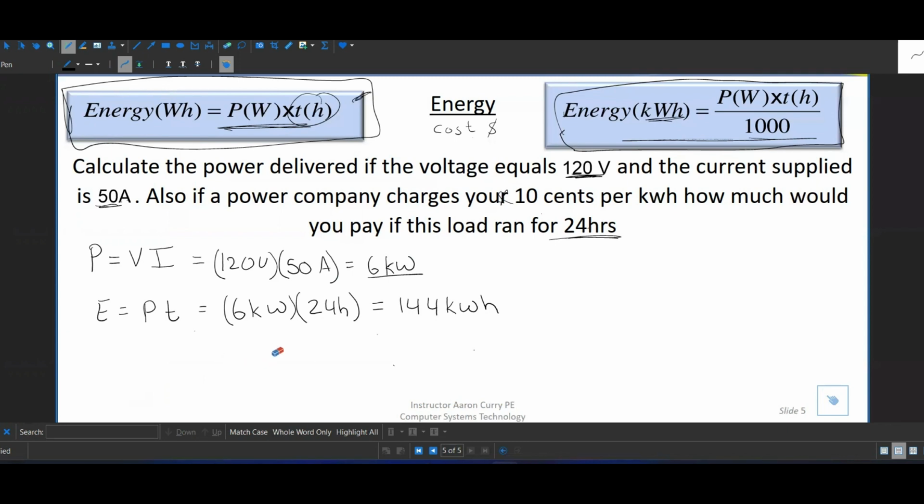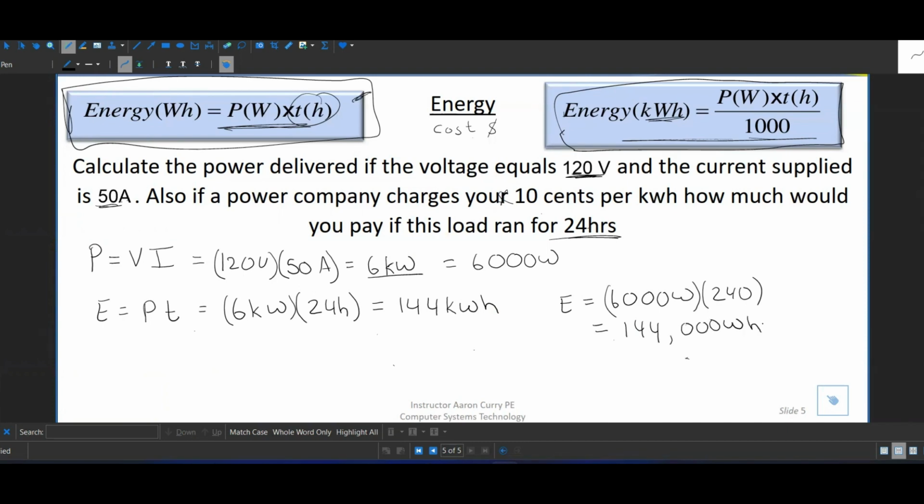Let me take a step back and show you what I mean. If I didn't calculate power to be in kilowatts, this would equal 6,000 watts. And you can use the same equation right here. You say E equals 6,000 watts times your time, which is 24, and you would get 144,000 watt hours.